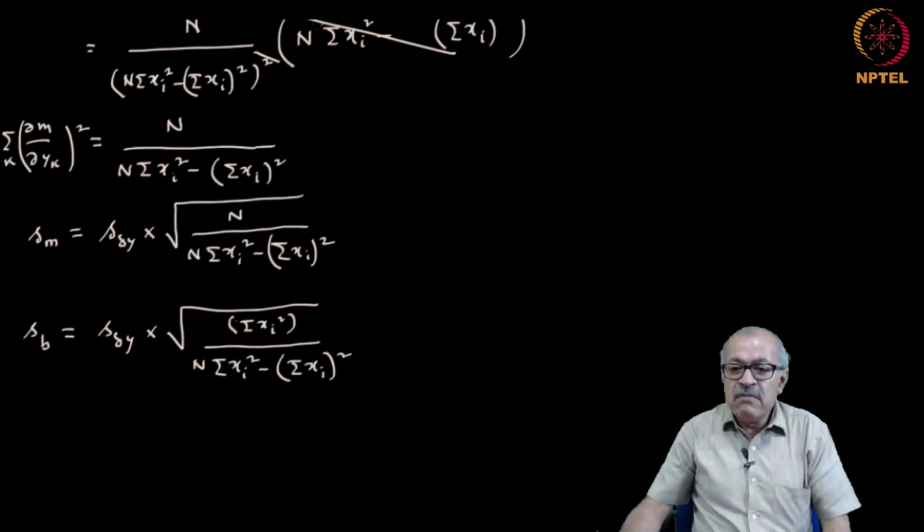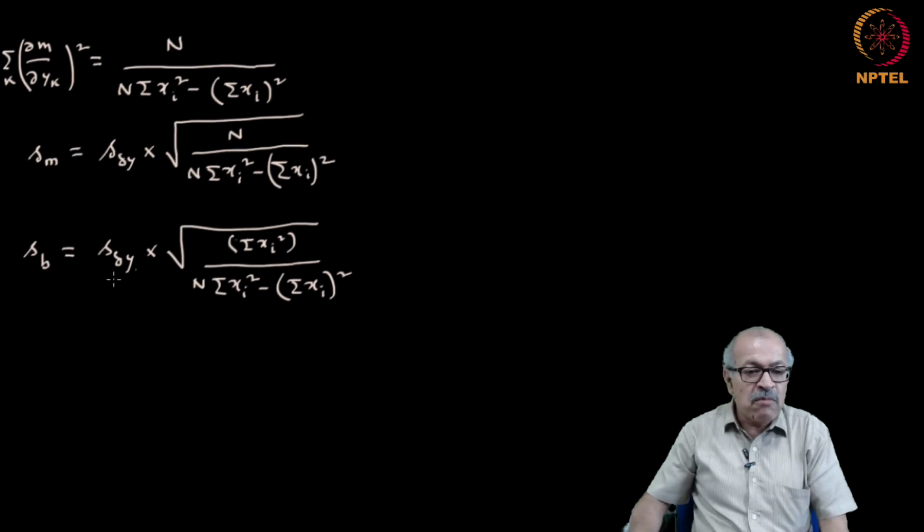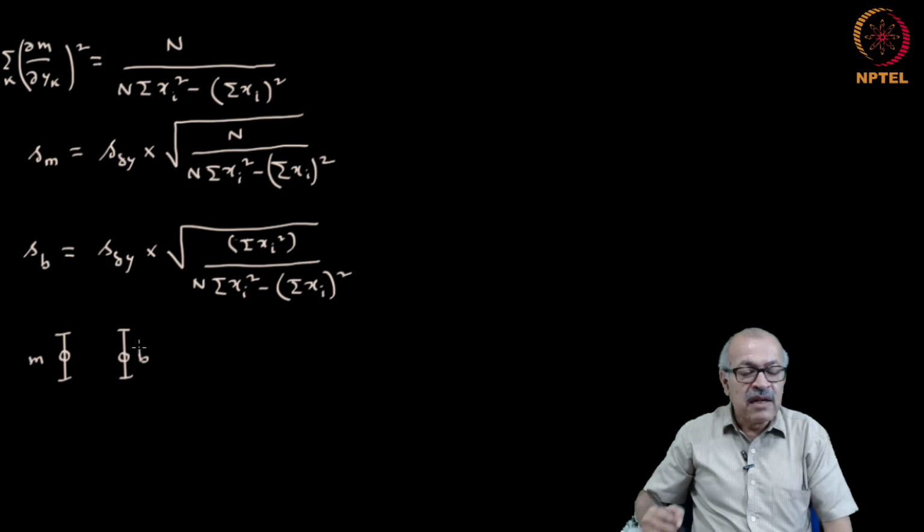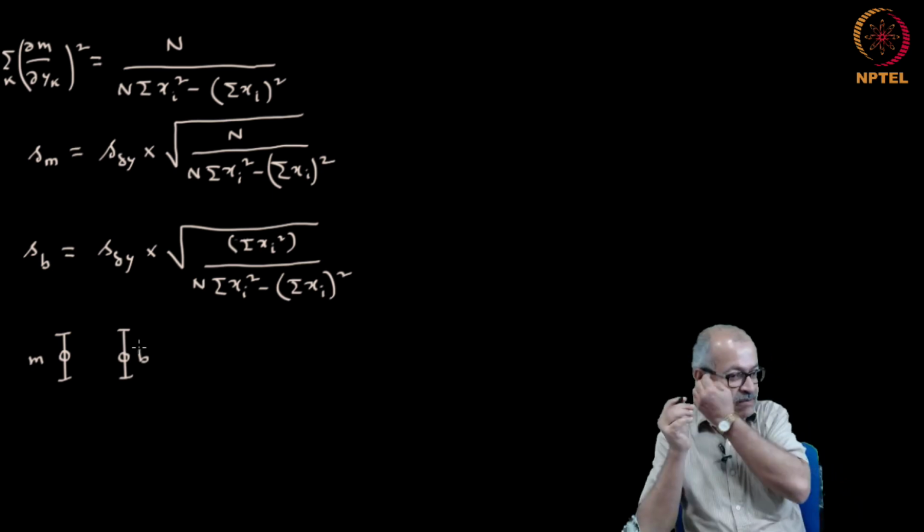So we have been able to obtain the value of m with an error bar, and the value of b with an error bar. This is what is needed.